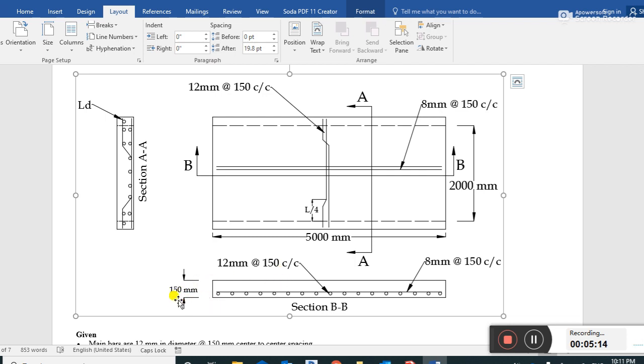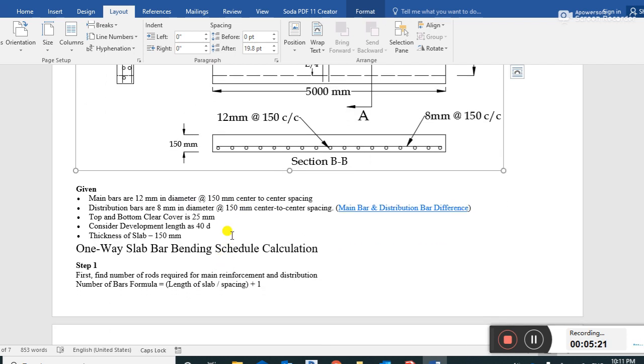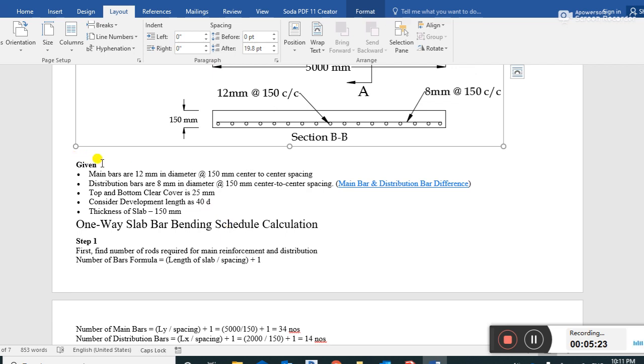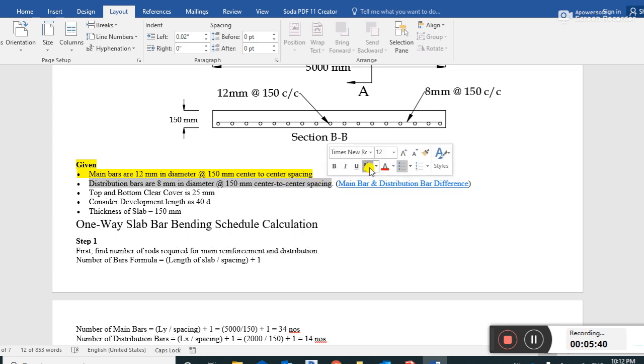We consider 150 millimeter thickness, guys. Here is the given data. The main bars are 12 millimeter in diameter at 150 millimeter center to center spacing. This is the spacing. And the distribution bars are 8 millimeter in diameter at 150 millimeter center to center spacing, guys.